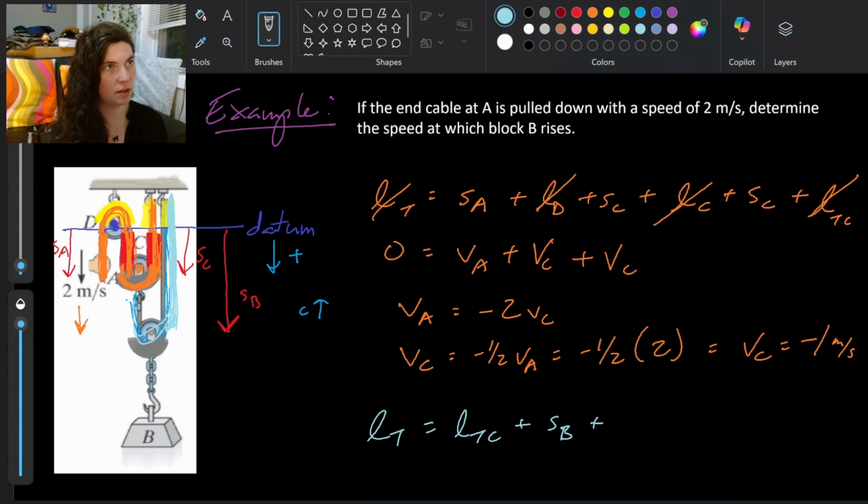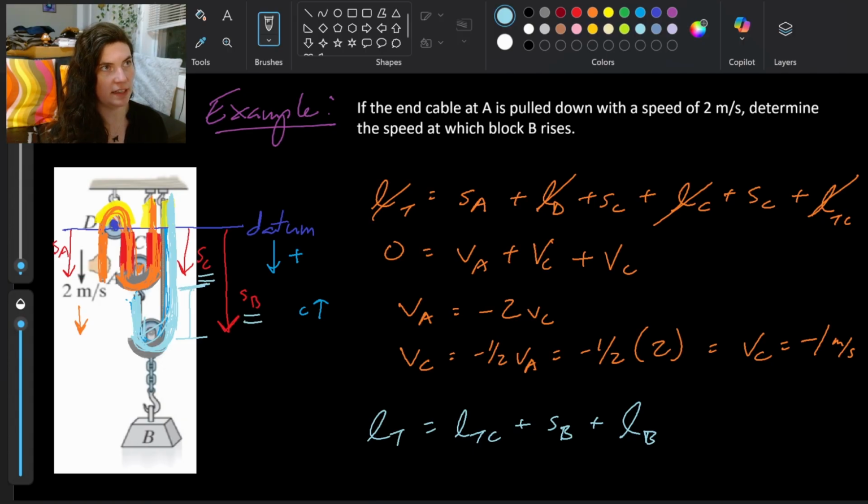Plus this length around the bottom of the pulley. Again, this length is not changing. That semicircle underneath the pulley, not changing. I call that the length of B. And then I have this one last little length, where I'm connecting into pulley C. This distance here, I can represent by using SB and SC.